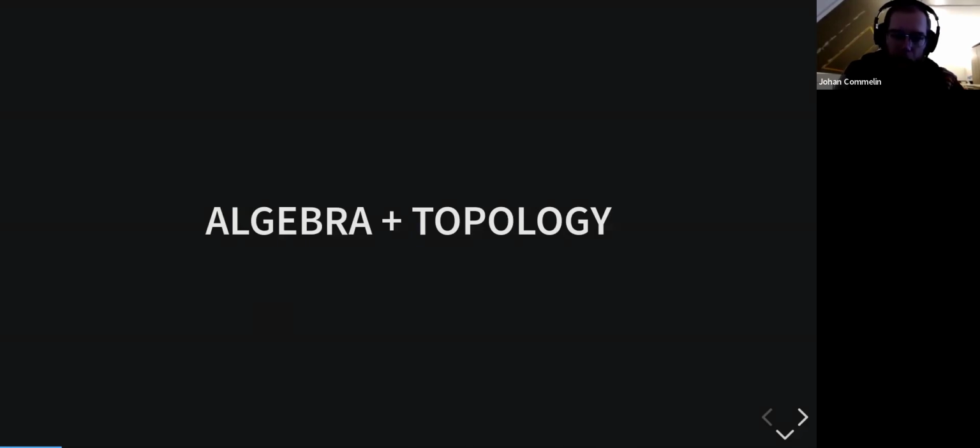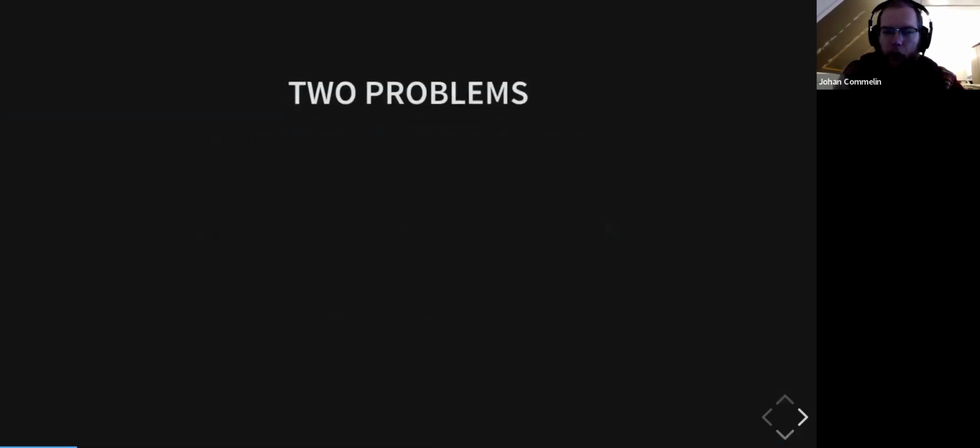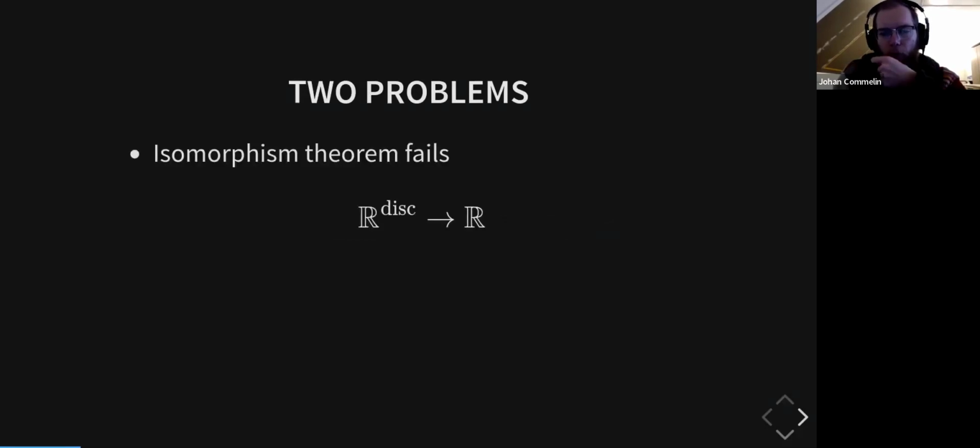We also have the p-adic numbers, etc. And the point is, when you mix algebra and topology in these ways, several really nice results from algebra stop working. So there are two problems, maybe. First of all, the isomorphism theorem fails.